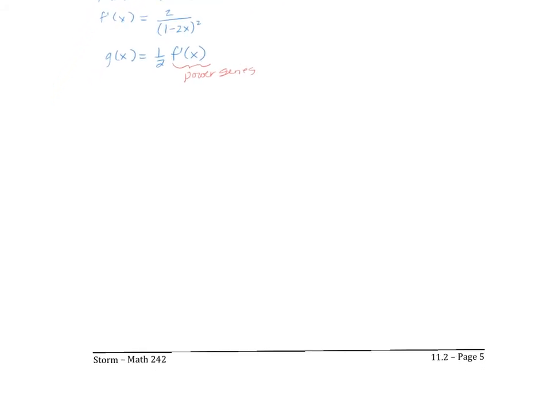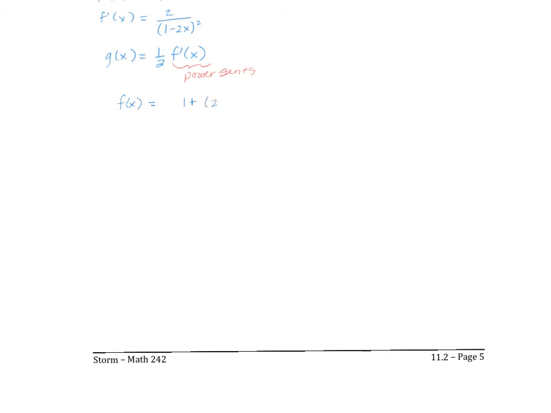So what I'm going to do is I'm going to look at f of x. I'll leave a little space after the equal sign. I'm going to expand the terms out on the power series 2x to the k. So if k is 0, we have 1 plus, if k is 1, this is 2x.